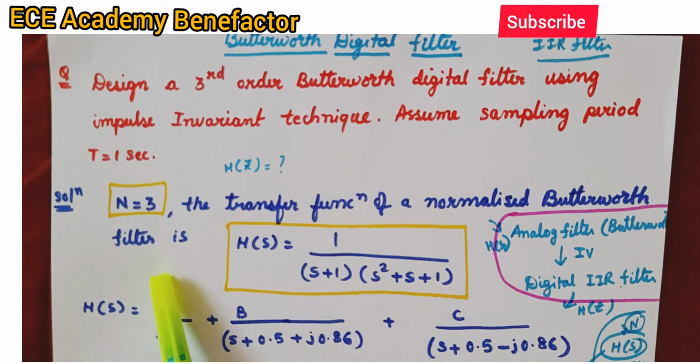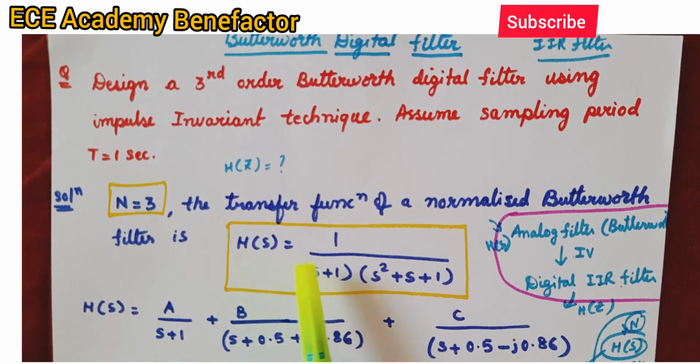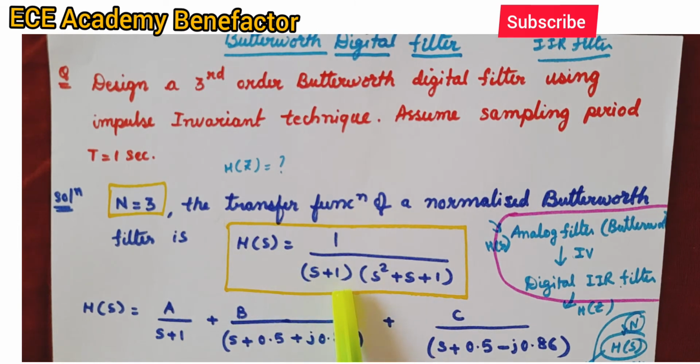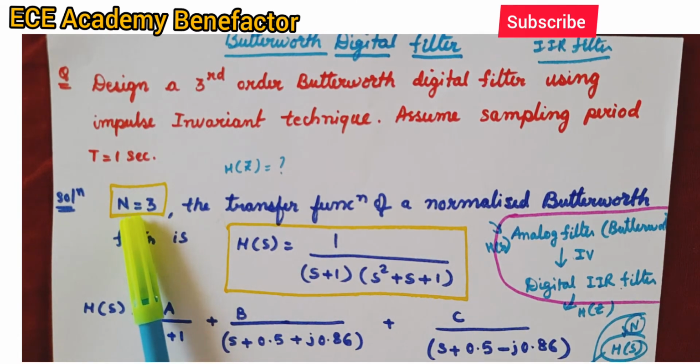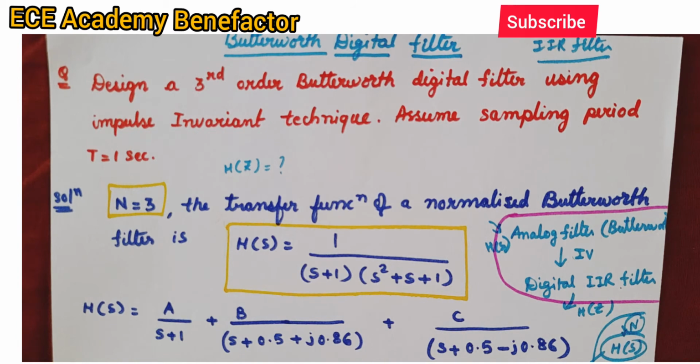We have seen in our previous class how to write it for N is equal to 3. So, H of S is equal to 1 by (S plus 1)(S square plus S plus 1). Once we know the order, we can easily write the transfer function of the normalized Butterworth filter, which is coming to be this. Okay.